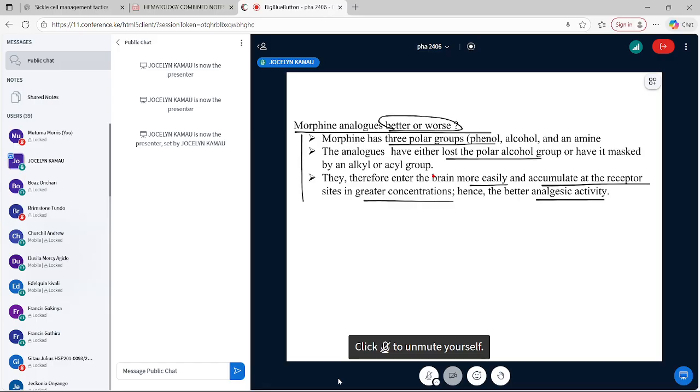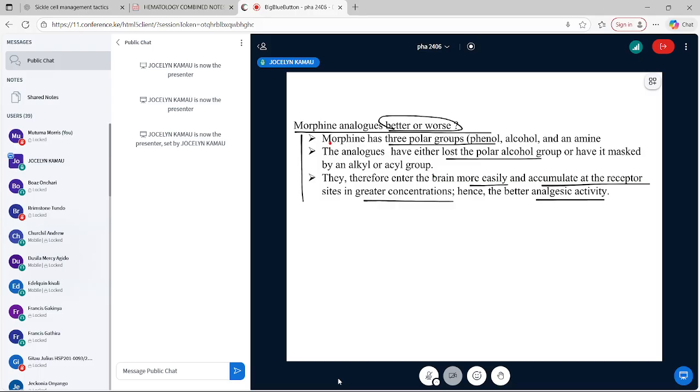So higher analgesic activity or higher toxicity will depend on which morphine analog it is, because there are morphine analogs that have substituents such that they have increased analgesic activity. There are morphine analogs like codeine, which actually has lower analgesic activity.